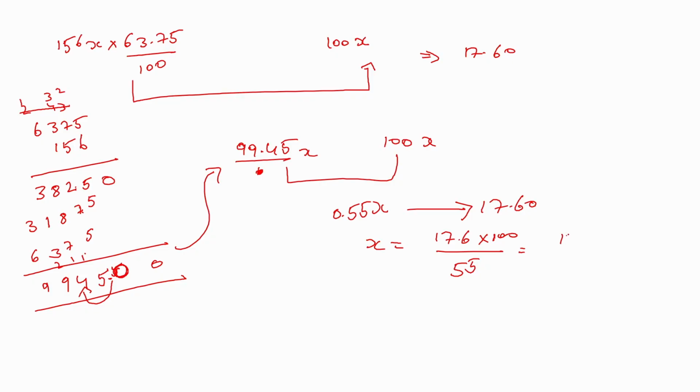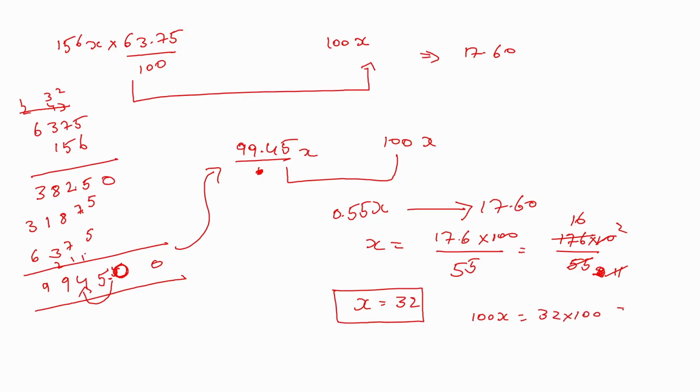So that would be 176 into 10 divided by 55. 5 elevens are 55, 11 sixteens are 176. So the value of x is equal to 16 into 2, 32. We are asked to find the value of 100x. 100x equals 32 into 100, that is equal to 3200.